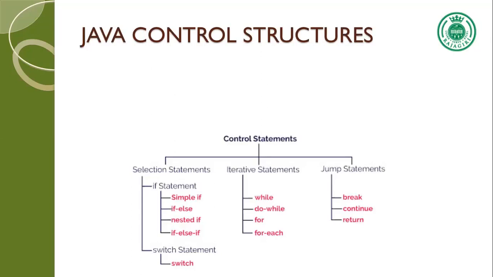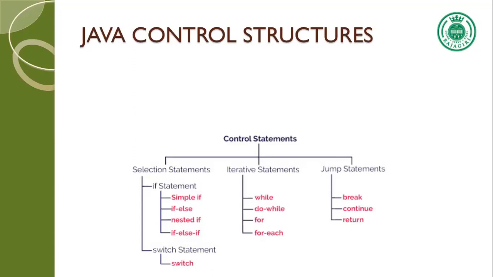Now, let us quickly go through the various control structures in Java. Control structures in Java are similar to the control structures we have learned earlier. The control structures in Java are divided into 3 categories: selection statements, iterative statements, and jump statements.